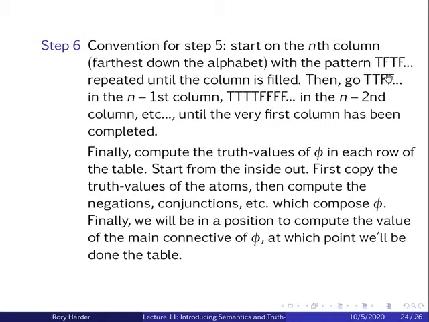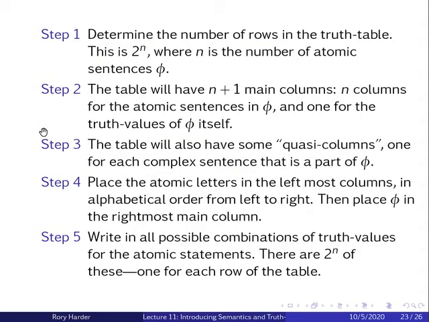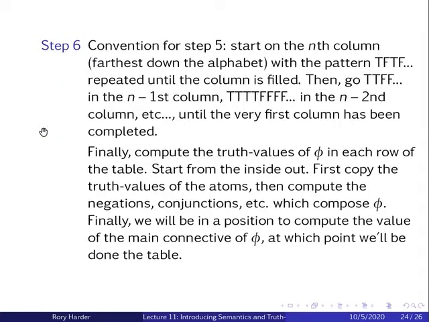And so you kind of double the amount of T's each time. And you do this until you get to the very first column, i.e. the first sentence letter that you've listed. So I'm going to work through some examples with you in a second of applying this method, okay? But I wanted to first give you the general abstract method before we work through some examples, okay?